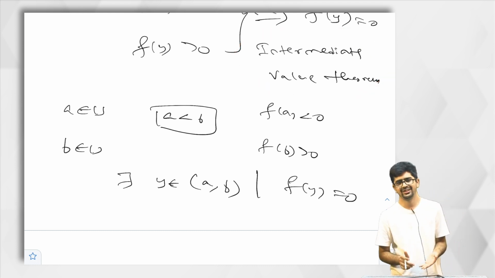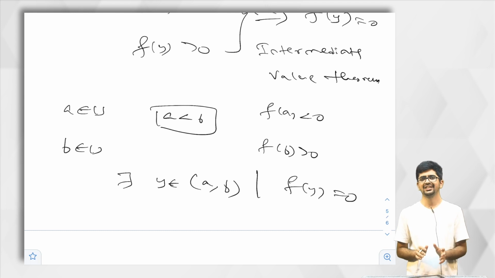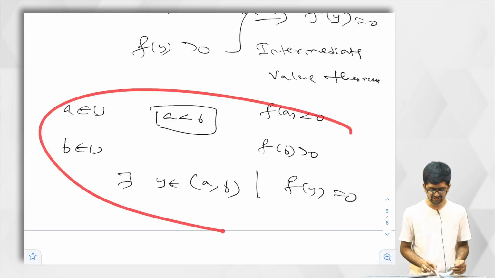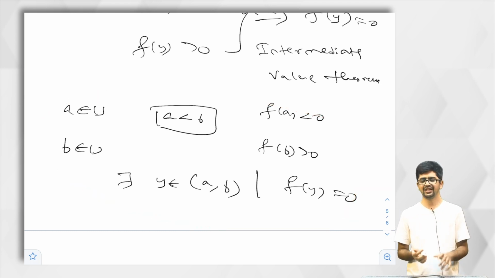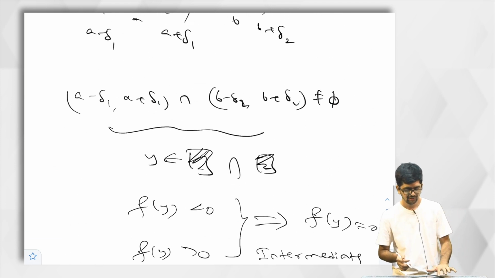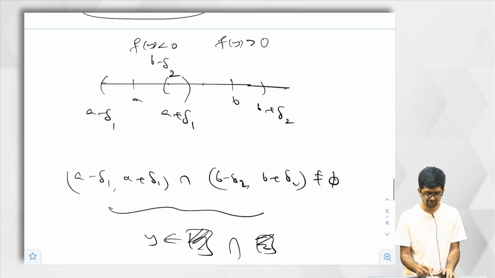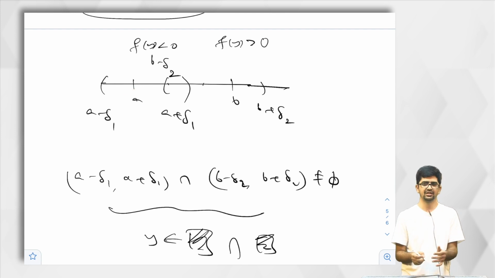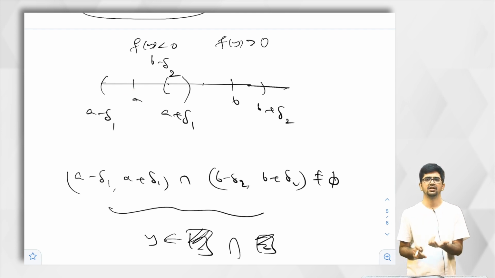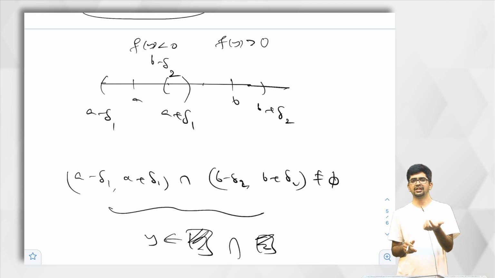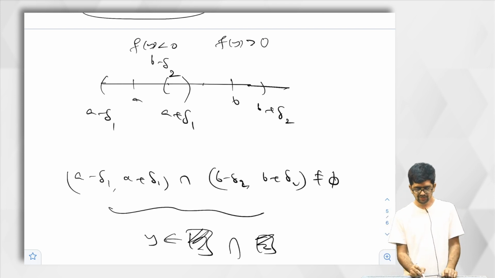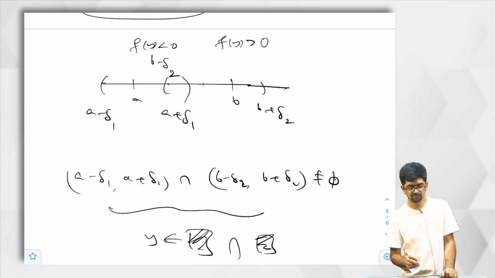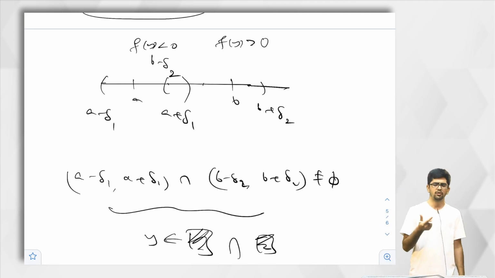No, this is only an idea. I am only saying it is possible that this is the case. How did we come to the conclusion? We have seen that for this a, because f of a is negative, there is some interval on which f takes negative values. B, which is greater than a, is such that f of b is positive. So there is some interval on which f takes positive values.